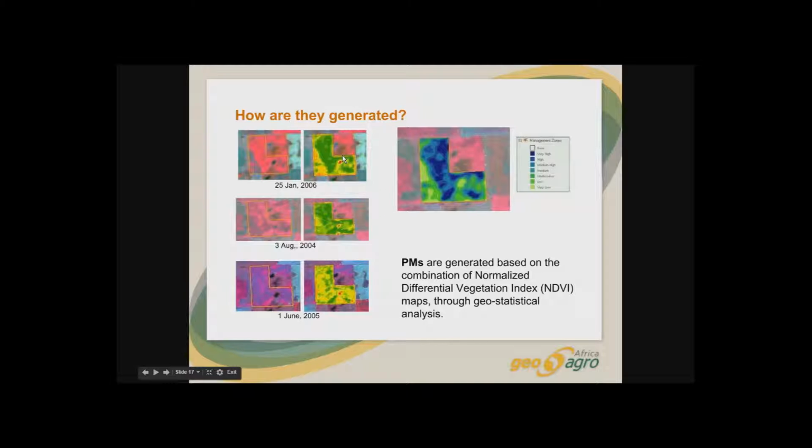Now, how are these maps generated? Basically, what we do is we download the history of the images of that farm or field. In theory, there are images from 4 years back, but we go maybe 8, 6, 7 years back. In this case, for instance, we are using a series from 2004, 2005, and 2006.